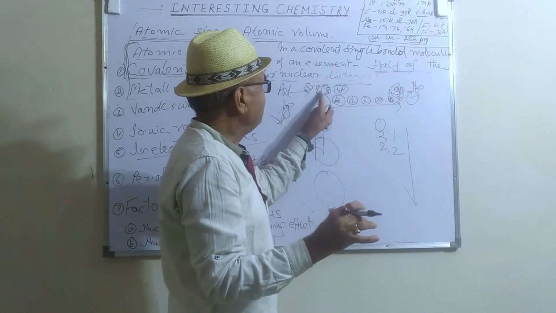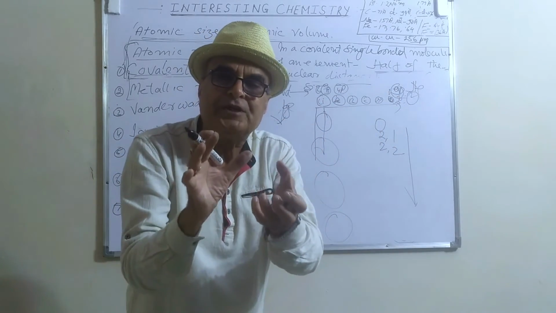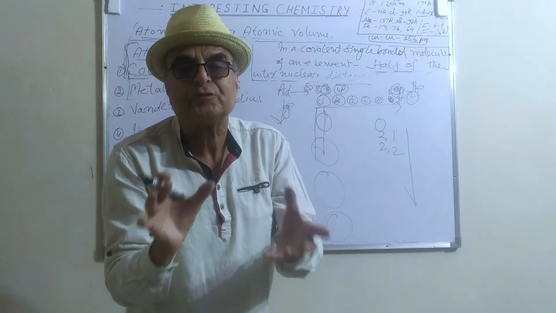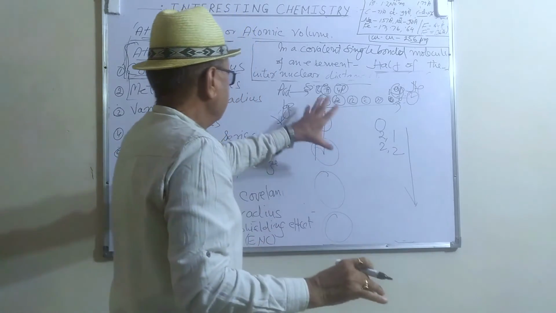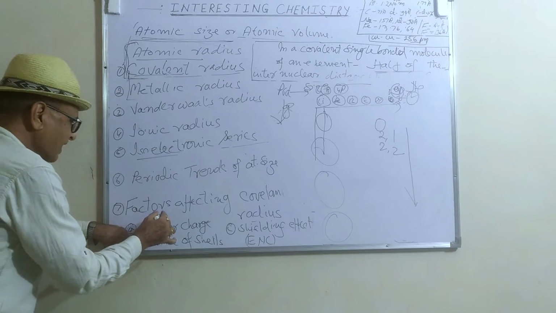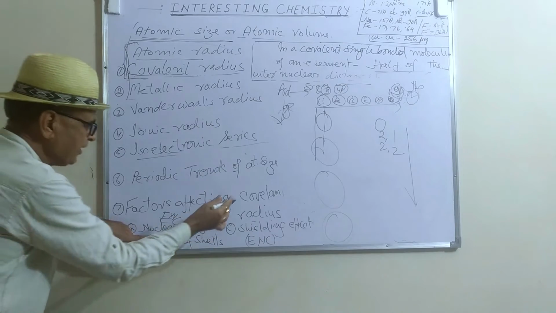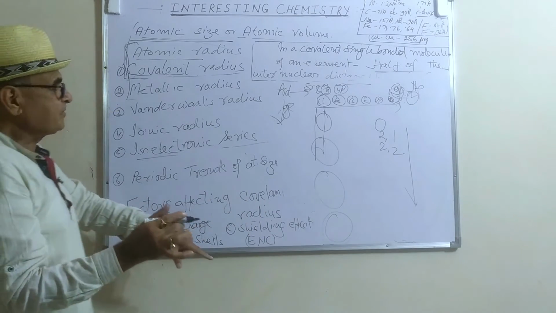As the effective nuclear charge increases, the size of the atom will decrease. So the effective nuclear charge is increasing across the radius.